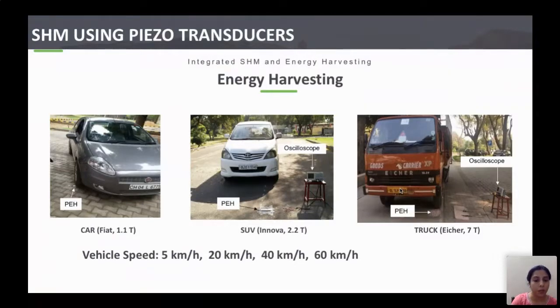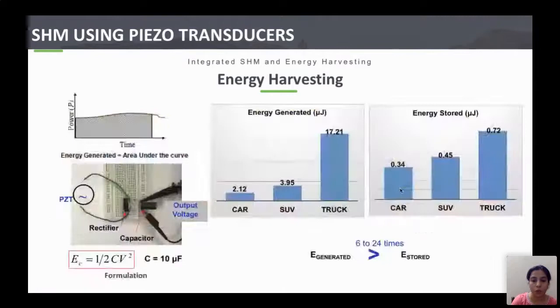Different vehicular speeds were used for the experiment. These are the energy generated from the piezoelectric energy harvester plate, and this is the energy stored using this energy storing circuit. You can see here the energy generated by the piezo energy harvester was almost 6 to 24 times more than the energy stored.